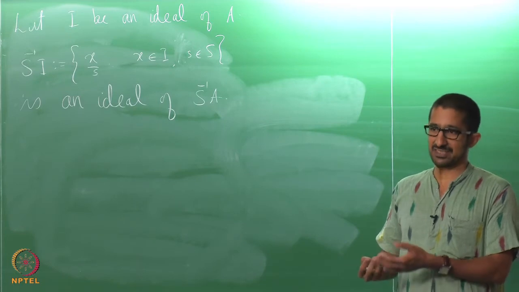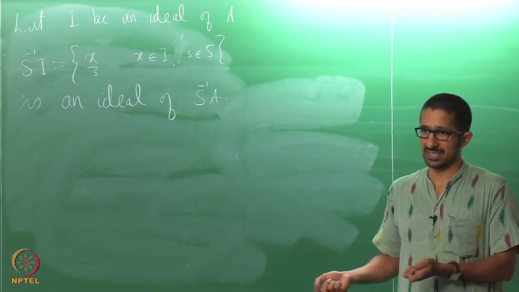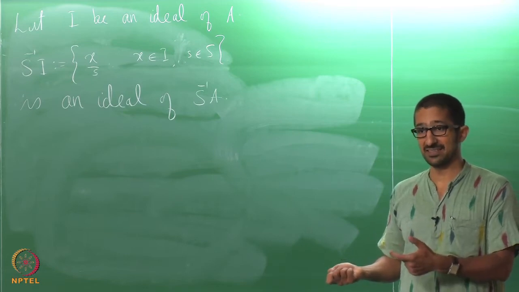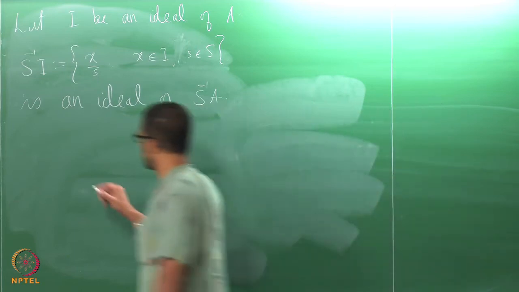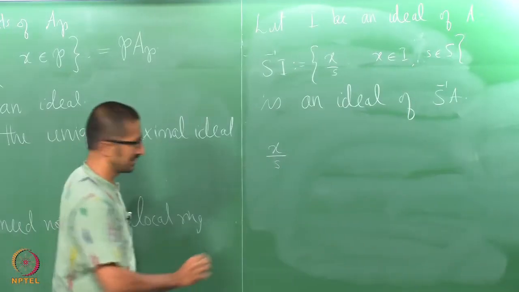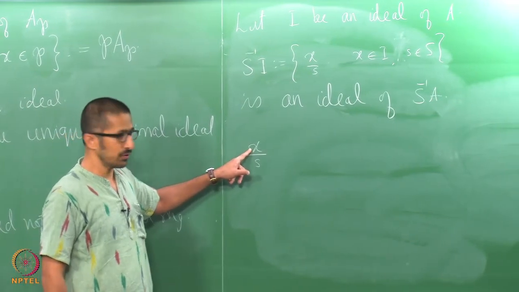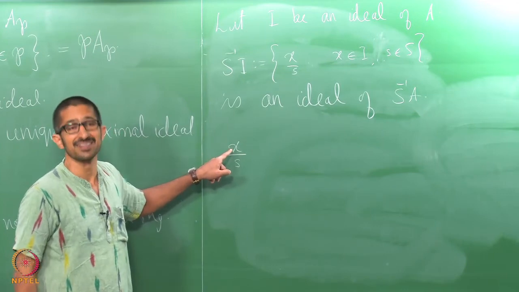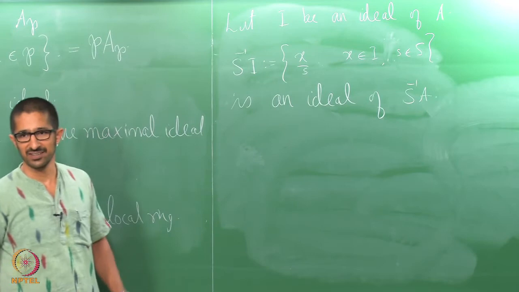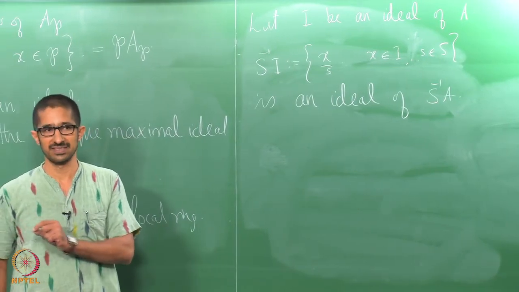It is S inverse A only if a unit belongs to S inverse I. A unit belongs to S inverse I means some element of S is in I. Any element of S inverse I looks like x by s, where x belongs to I, and we want this to be a unit. For that, I need x to be in S as well as in I. In other words, if S intersection I is non-empty, then S inverse I is equal to S inverse A.